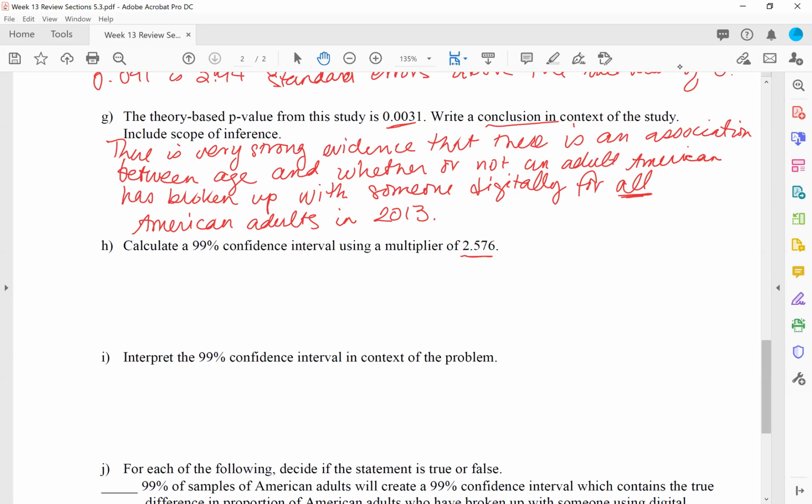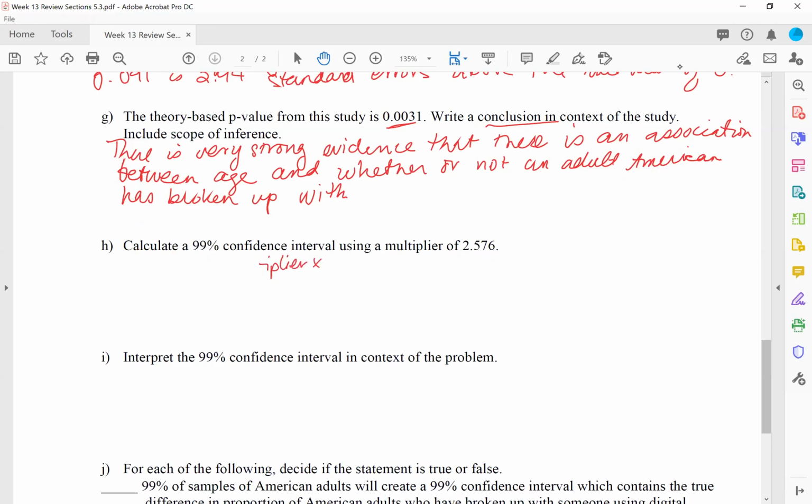All right, so here now we're going to look at our difference in proportions, plus or minus the multiplier, times the standard error.